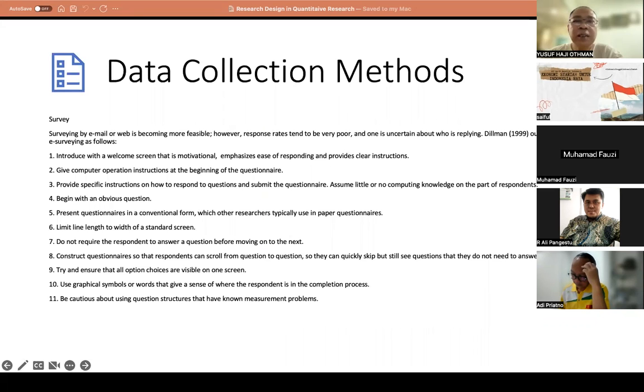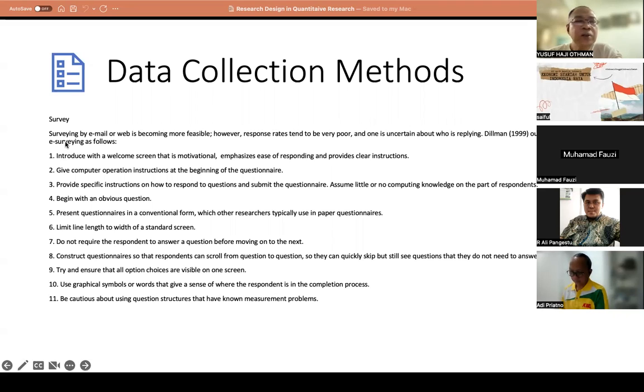So for data collection methods, there are many data collection methods in quantitative research. One of the common methods is survey. Nowadays, we use surveys using questionnaires, using online surveys, or we call it the e-survey.